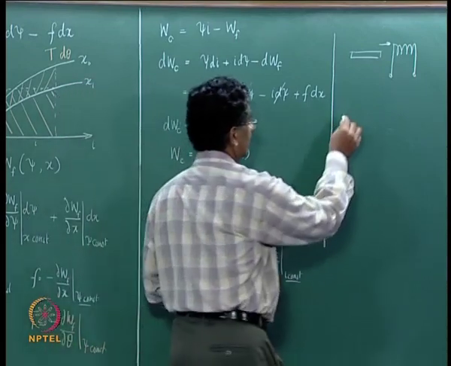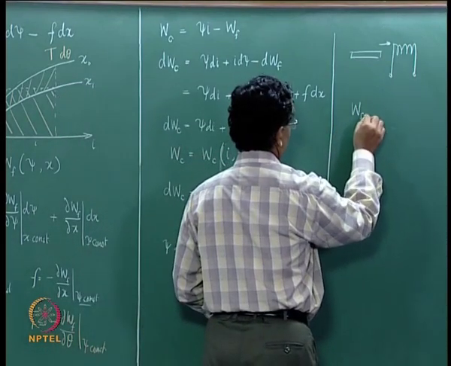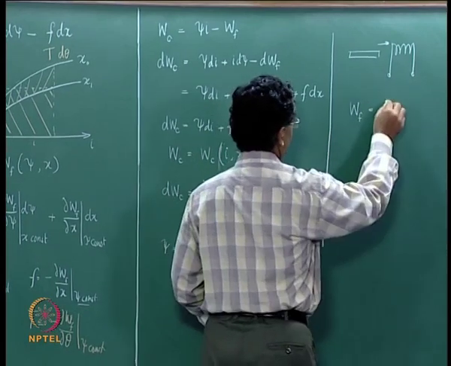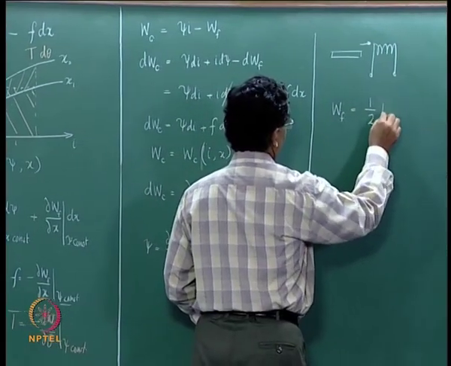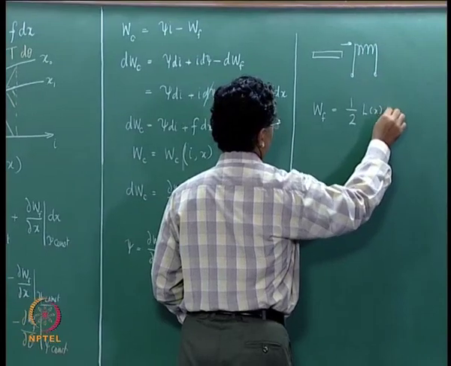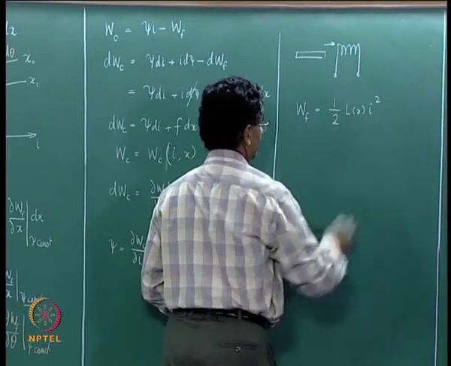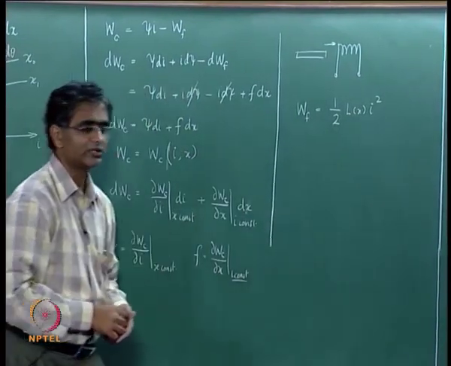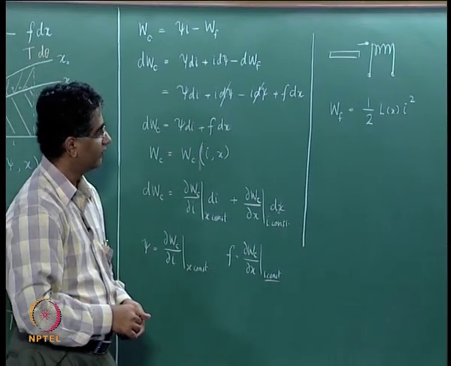We know that the field energy is given by half L as a function of x multiplied by I squared. That is the expression for field energy.